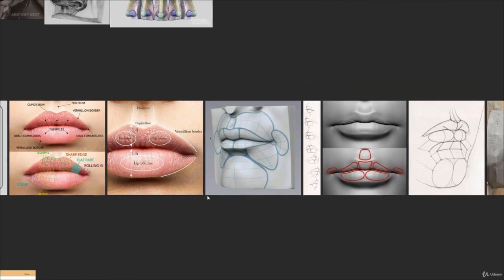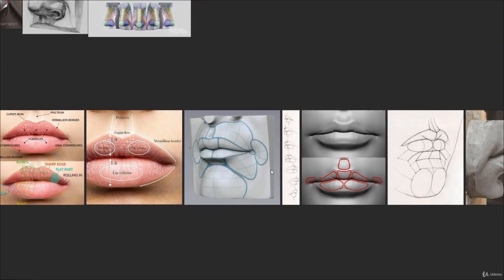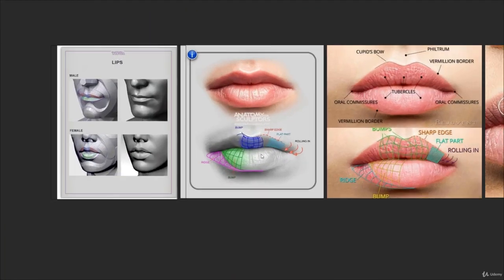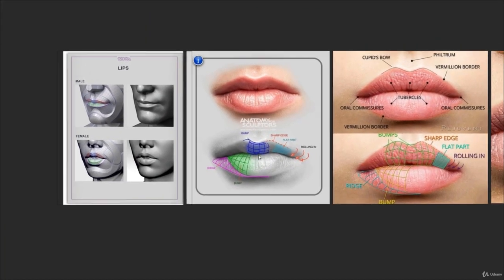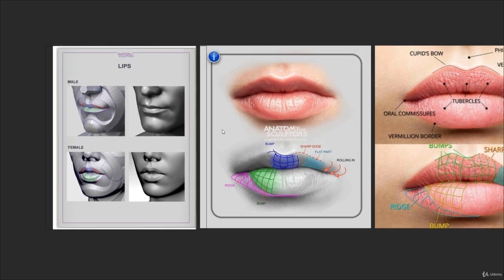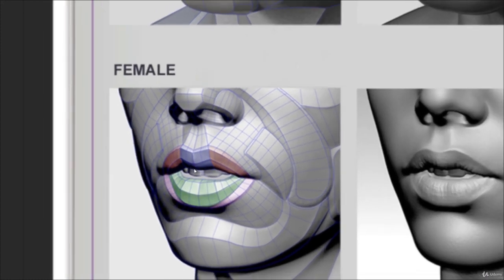And for the mouth, I like to understand the mouth separating in pieces on the upper lip. I like to separate in 3 parts, like these ones, these 2 laterals and this one in the middle, right?